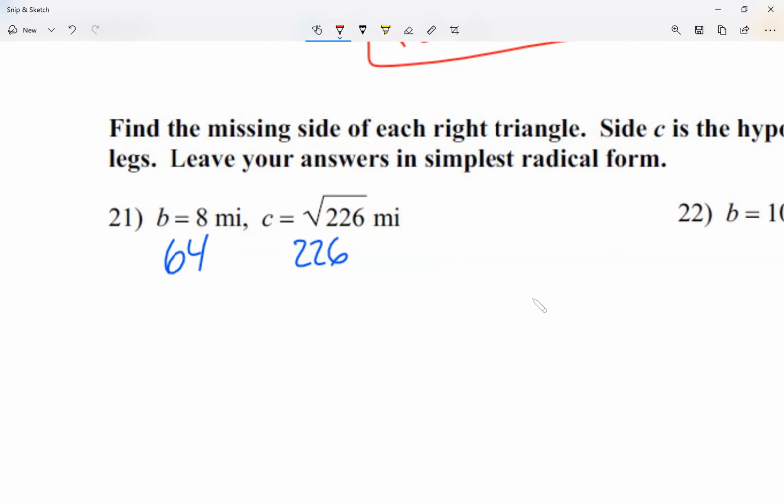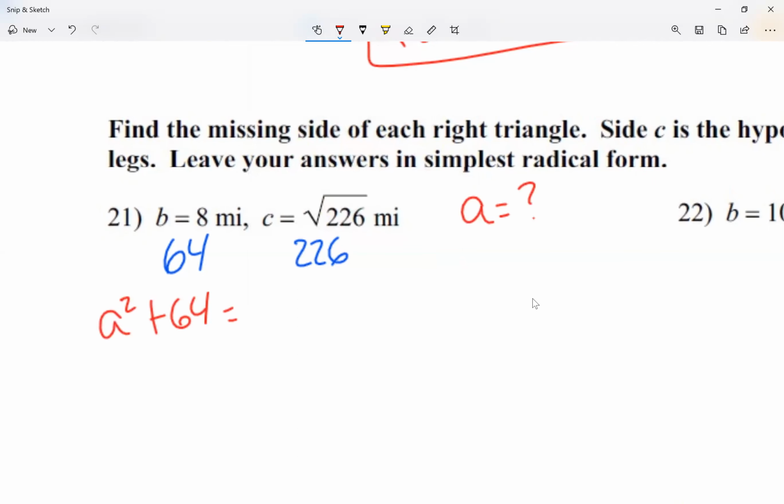So it seems like I don't have A, right? I'm solving for one of my letters and I don't have A. So that's the one I'm solving for. So I'm just going to go A squared plus 64 is equal to 226.